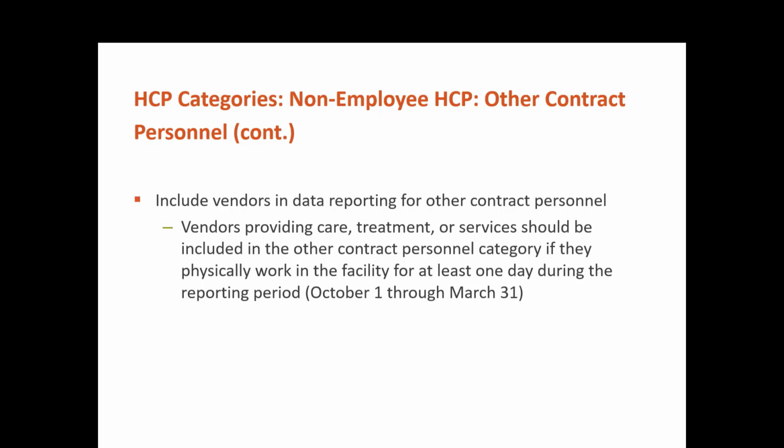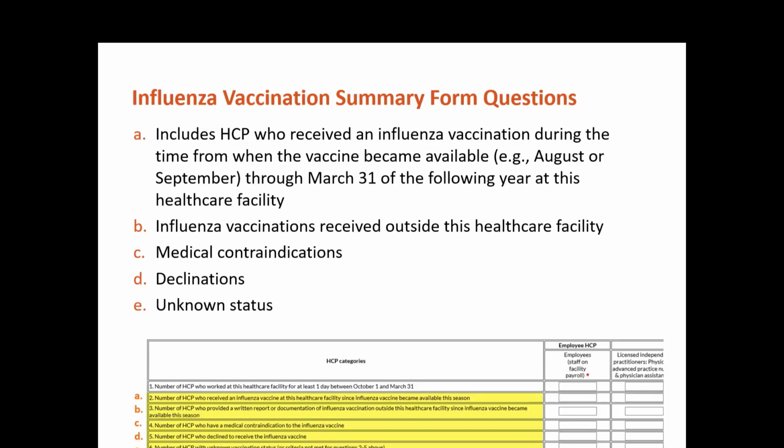Therefore, vendors providing care, treatment, or services should be included in the category if they physically work in the facility for at least one day during the reporting period. There are 5 healthcare personnel categories in the NHSN module, and these are mutually exclusive.